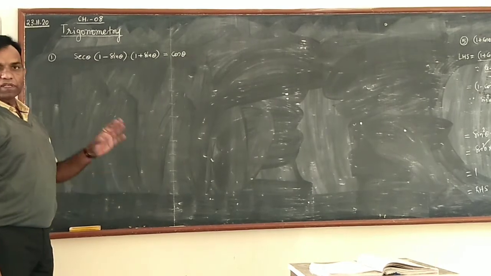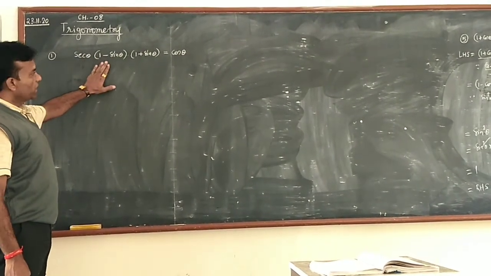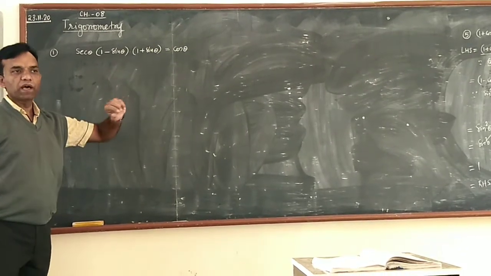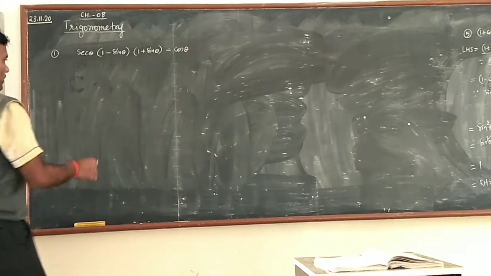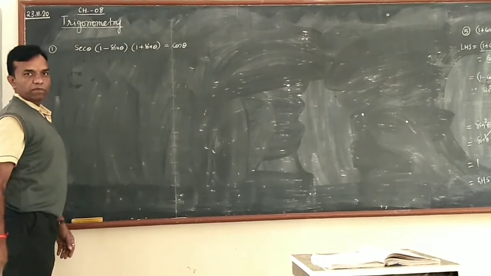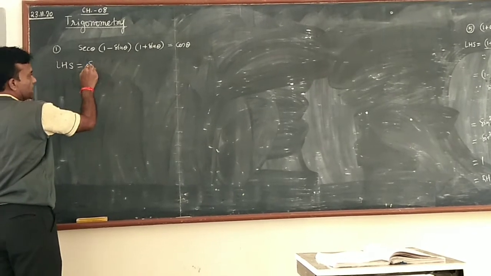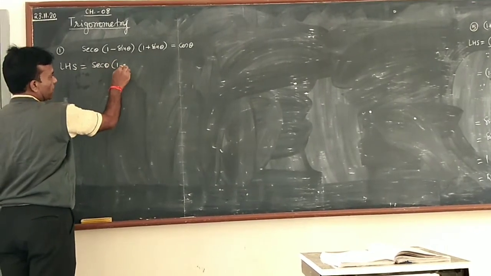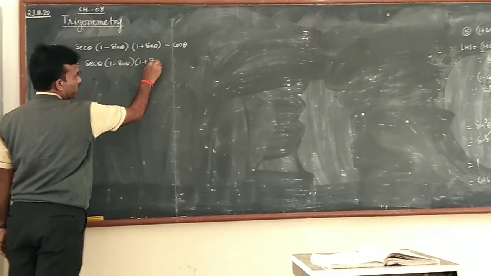Again we use the same concept here. Sec theta is outside, and then 1 minus sin, 1 plus sin. Again we have the identity a minus b into a plus b, as in the previous question. First you write down the LHS part: sec theta and then 1 minus sin theta into 1 plus sin theta.